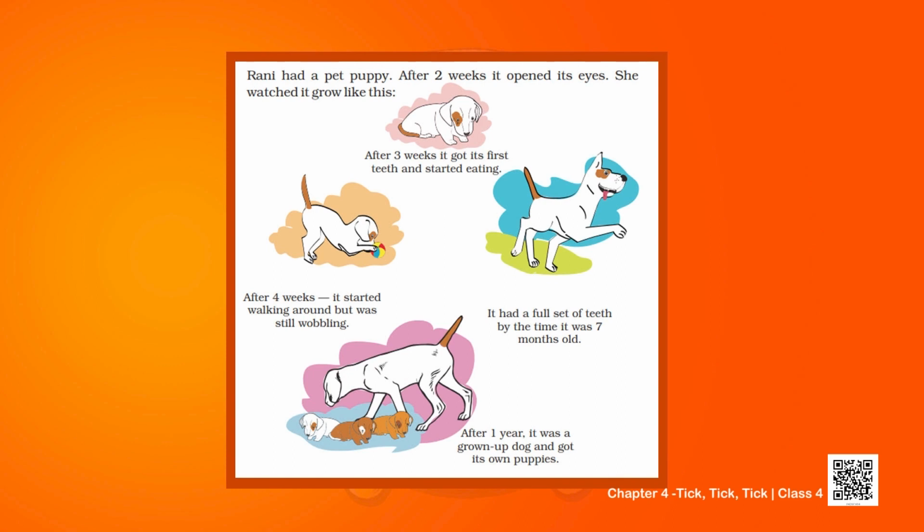After 2 weeks, it opened its eyes. She watched it grow like this. After 3 weeks, it got its first tooth and started eating. After 4 weeks, it started walking around but was still wobbling.